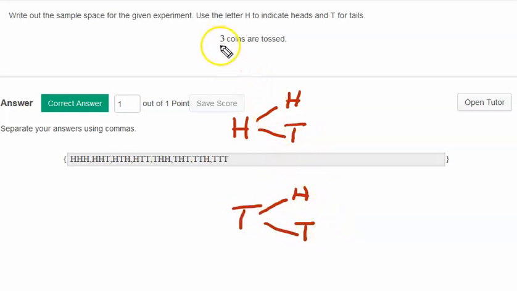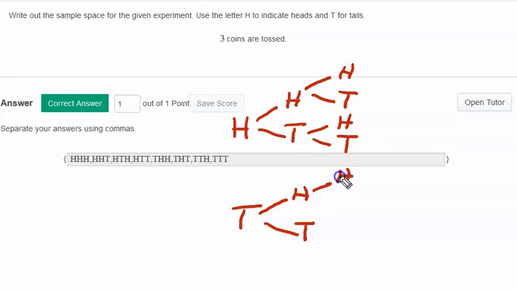But here they're asking 3 coins. So this head could be flipped again and get another head or another tail. And this one the same way. Now, it takes a moment to do this, but I think it is the best way to be sure you get everything.